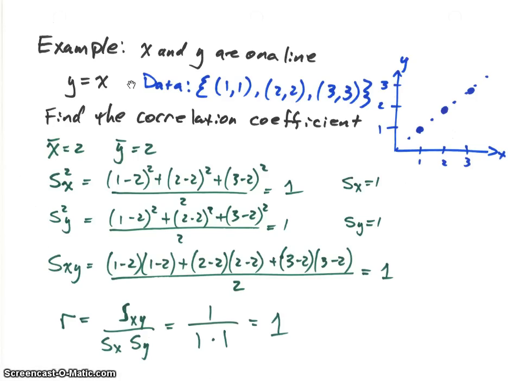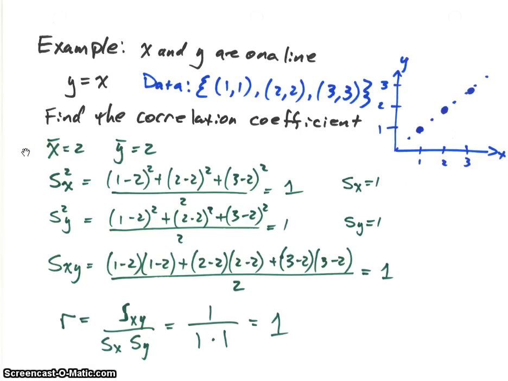I just used 3 data points in this example so the calculations can be fairly simple: (1, 1), (2, 2), and (3, 3). Those will be the 3 data points that we use to do the calculations. We're going to find the sample correlation coefficient for this data.